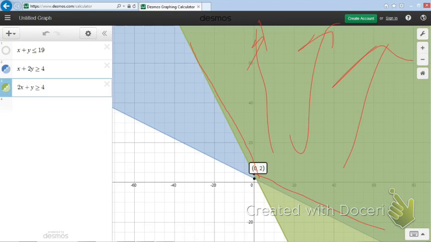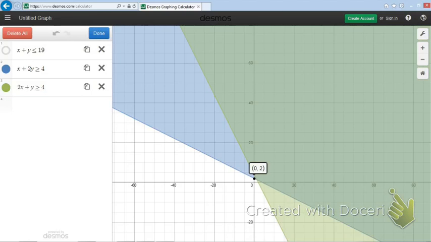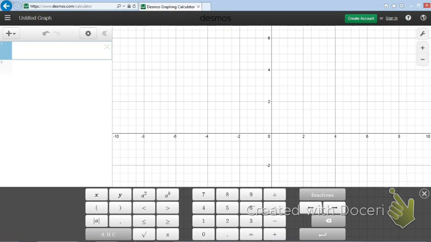Number 32 is actually an example of an empty system, and we'll take a look at what that means. So this is 32. Just like I did on 31, I'm going to graph my inequalities. I have x plus y is greater than or equal to 3.